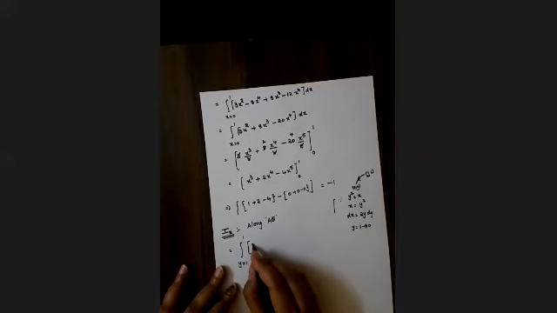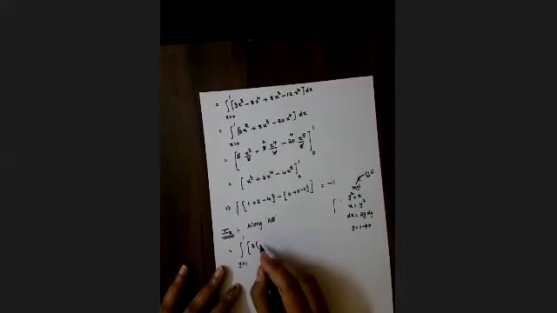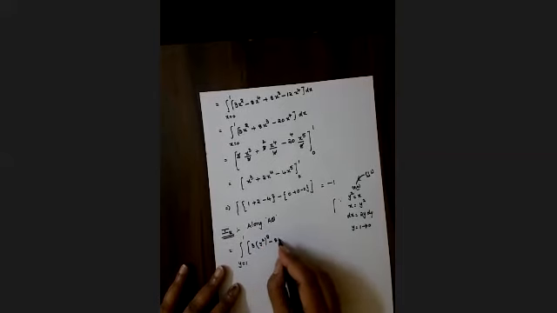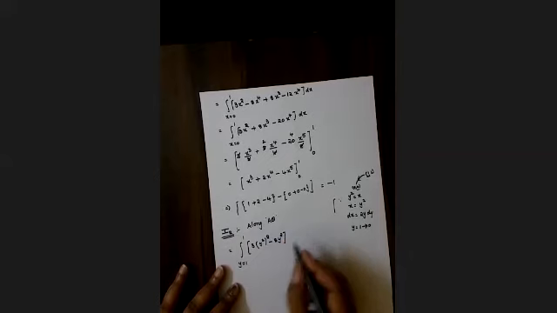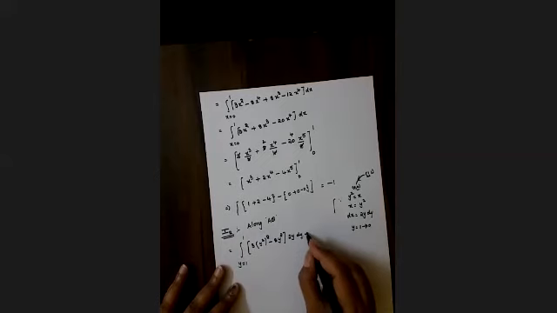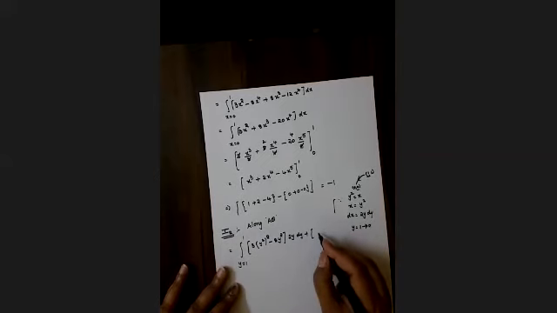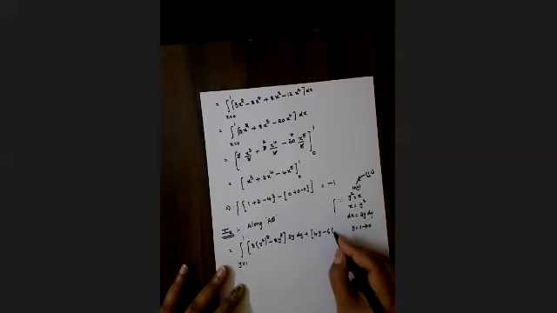We have first 3x square, so in the place of x, we'll write y square whole square, minus 8y square. In the place of dx, I will write 2y dy, plus 4y, this is same, minus 6. In the place of x, I will take y square into y of dy.